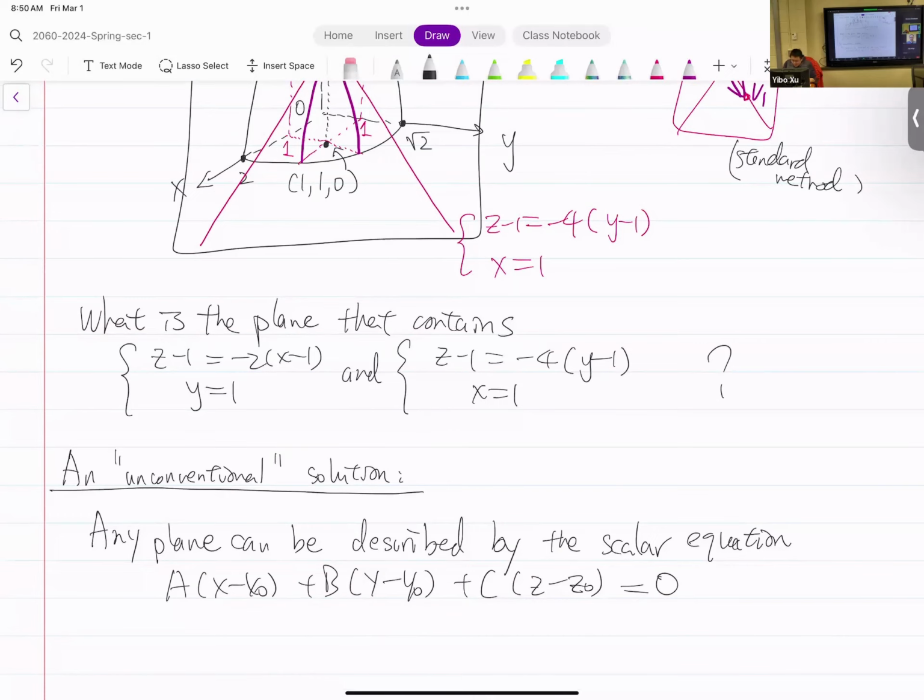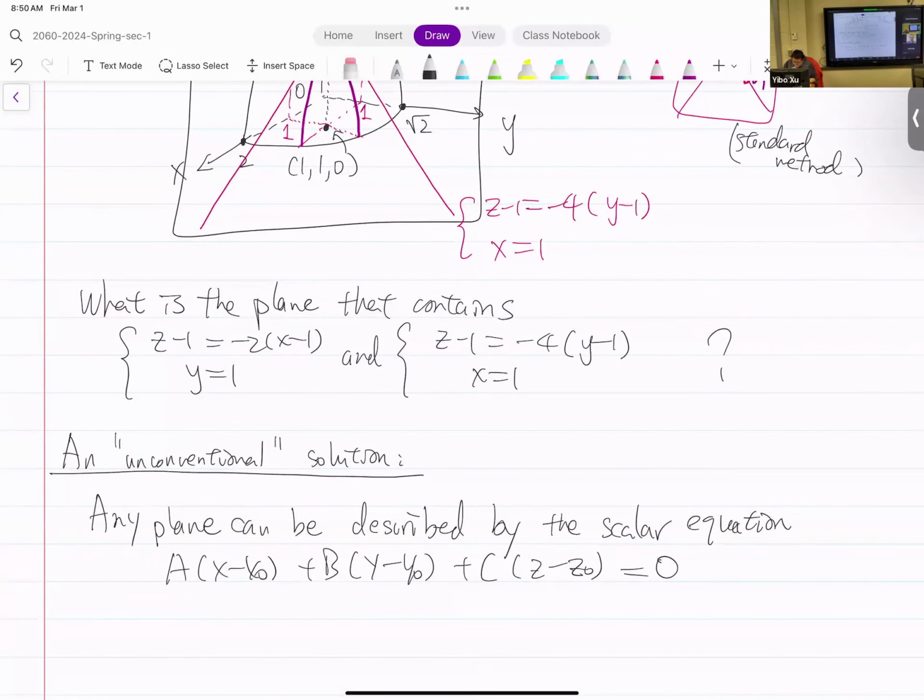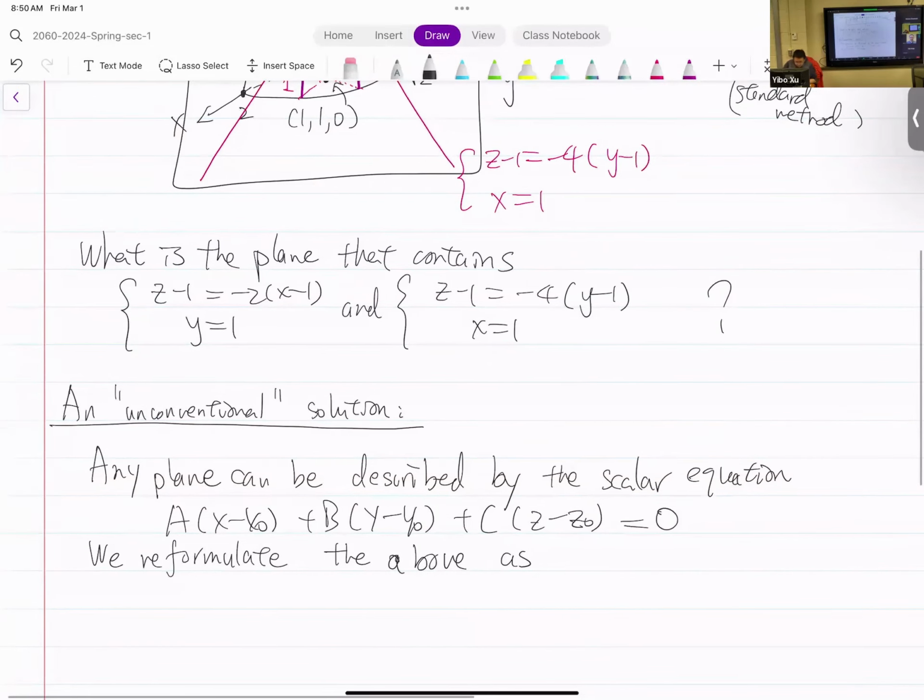We can write it as a function, putting the x and y portion on the right-hand side. So we formulate the above as c(z minus z0) equals negative a(x minus x0) minus b(y minus y0).